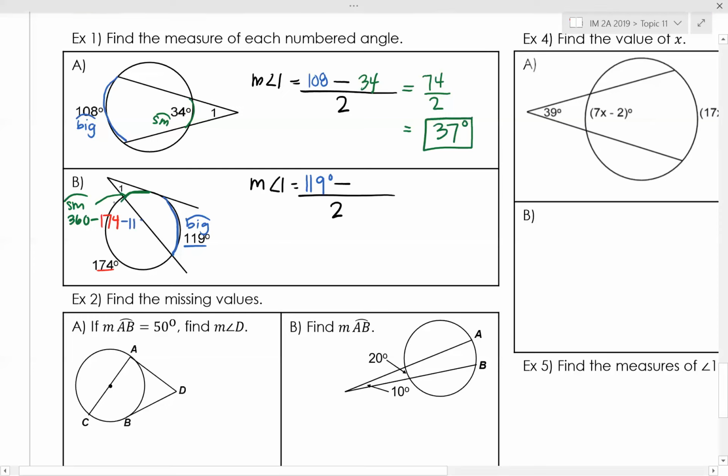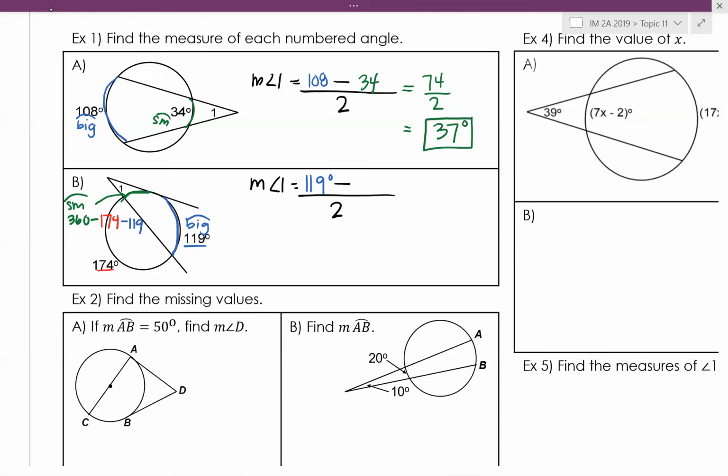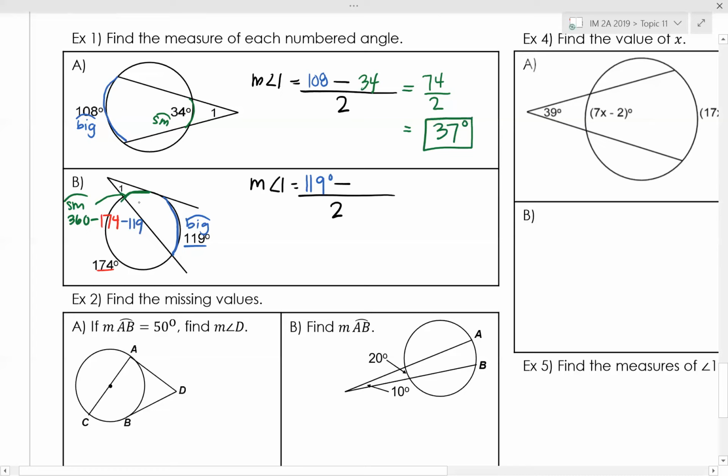If I subtract both of those numbers from 360, that gives us 67 degrees for the small arc. So we're going to do 119 minus 67, which is 52, divided by 2. So that means this is a 26-degree angle for the measure of angle 1.